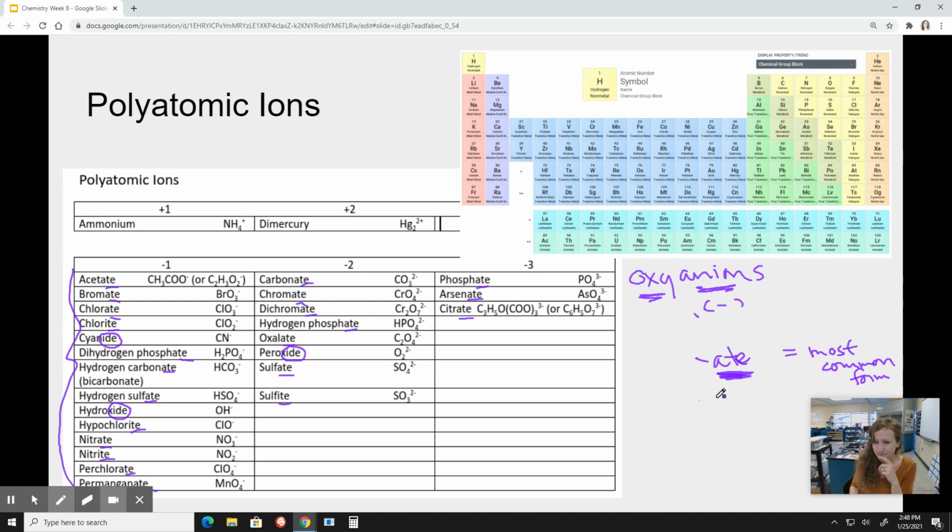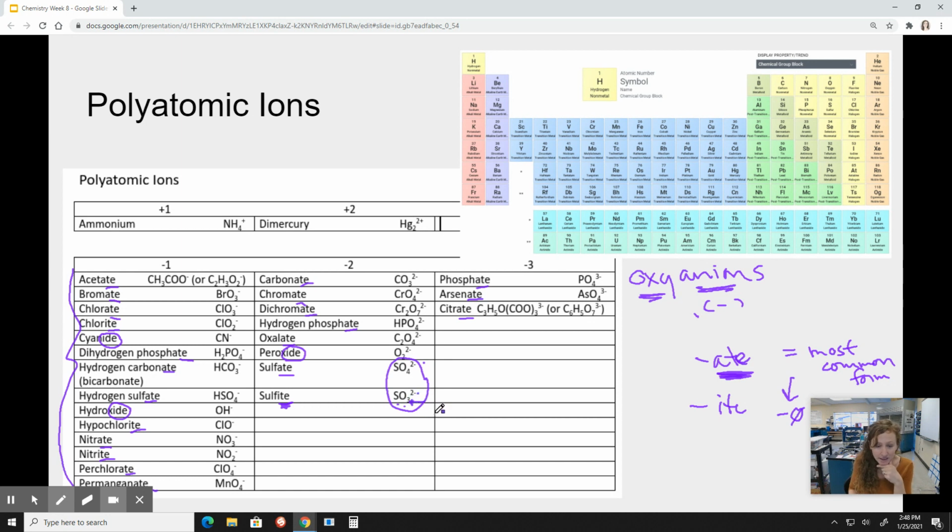They're the most common. Now the ite form actually has one less oxygen. So look at sulfate and sulfite. Notice they both contain sulfur, they both contain oxygen, they both have the same charge, but sulfite has one less oxygen.